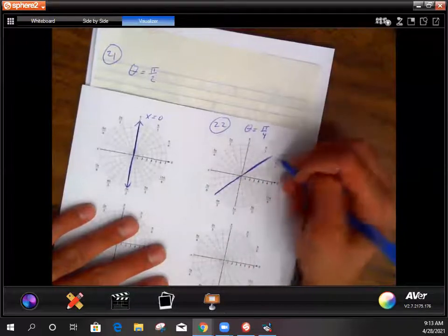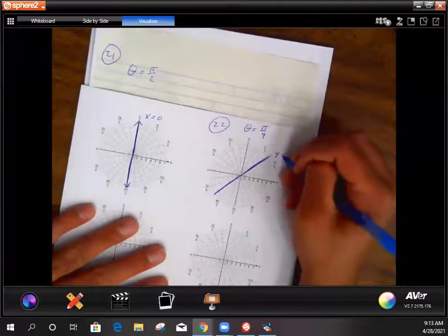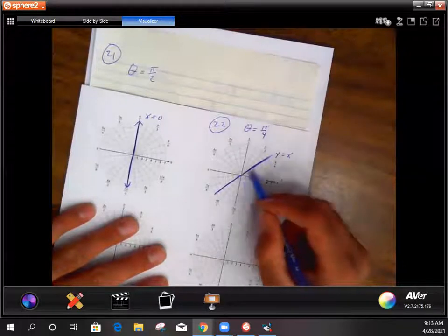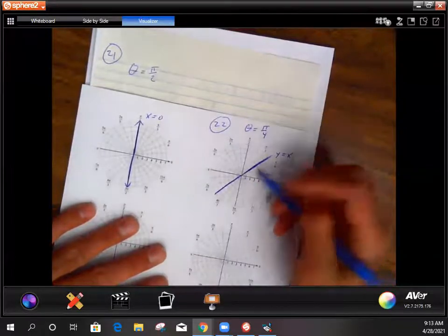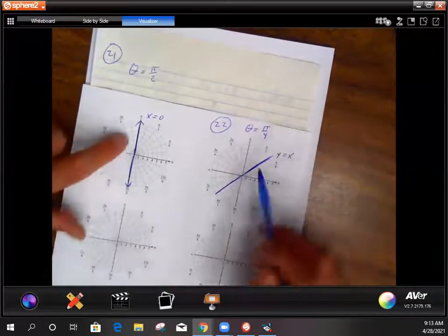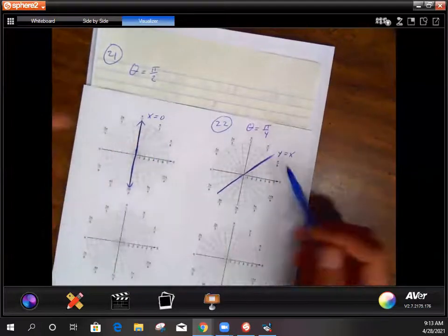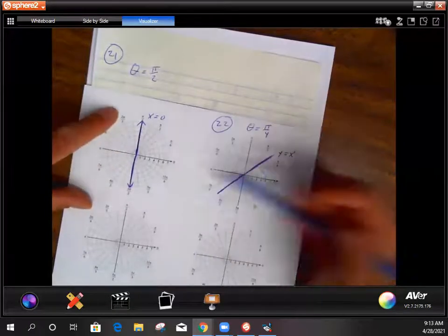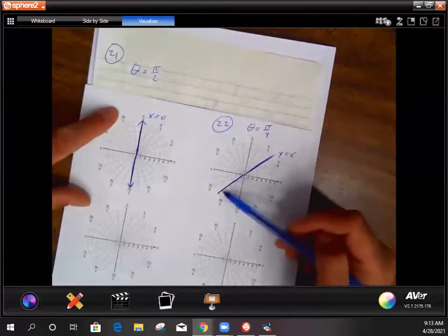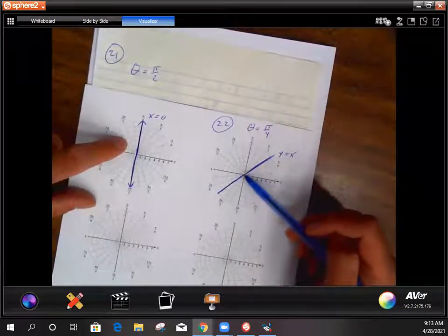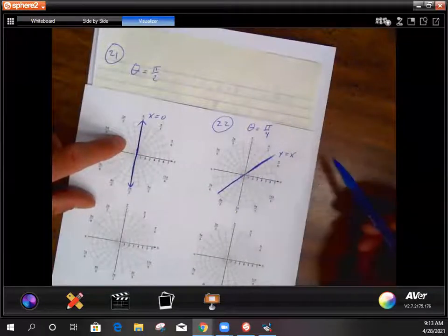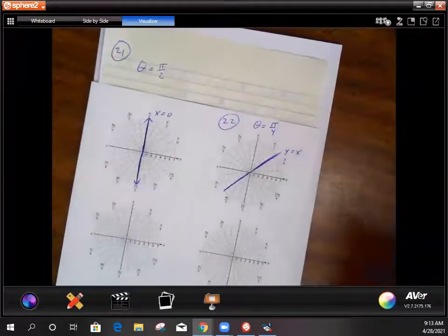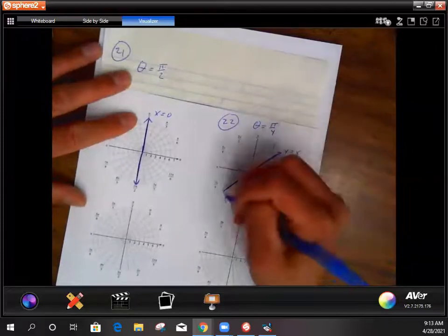Now this line in rectangular form would just be y equals x, where the slope is 1 and the y-intercept is 0. So when you have just theta equals an angle, you could graph it, see that the y-intercept is 0, and use the angle to see what the slope would be. It's a quick way to check your work.